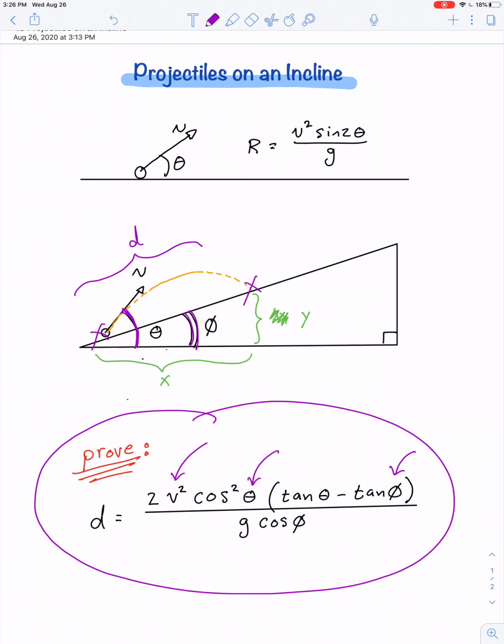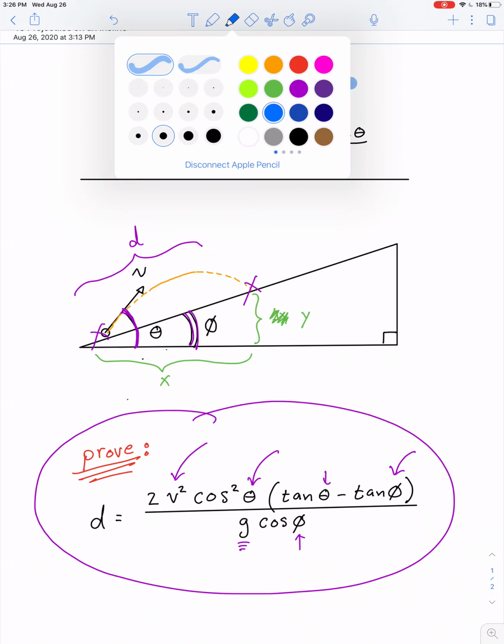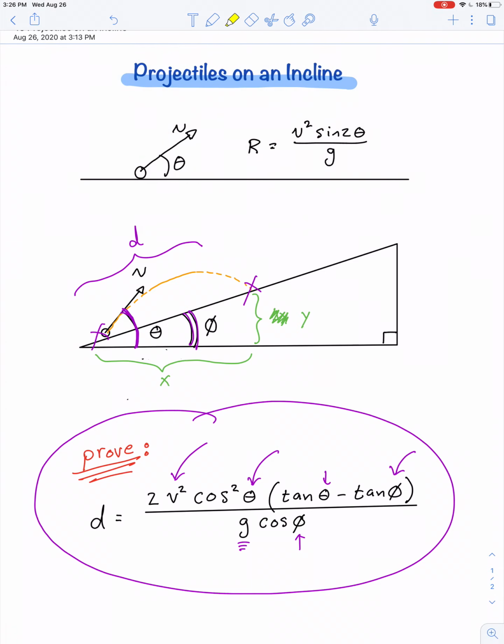Okay, now g, of course, is a constant. Here, phi shows up again, and theta shows up again. But that's it. All you need to know are v, theta, and phi. And those we'll assume are all given in a problem like this.